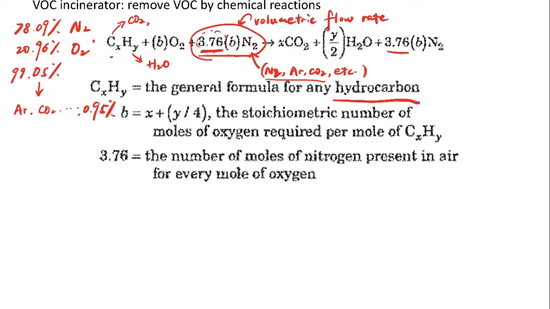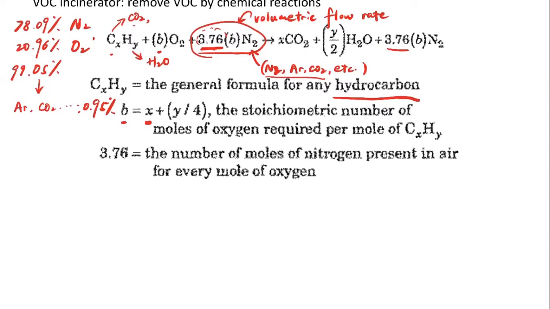So based on the chemical formula, we can calculate the B value here under the stoichiometry. So we know that there's a 1-to-1 ratio between the carbon and the oxygen molecule, right? So that's why if we want to calculate B, that's X, because X amount of carbon is going to get converted into X amount of carbon dioxide.